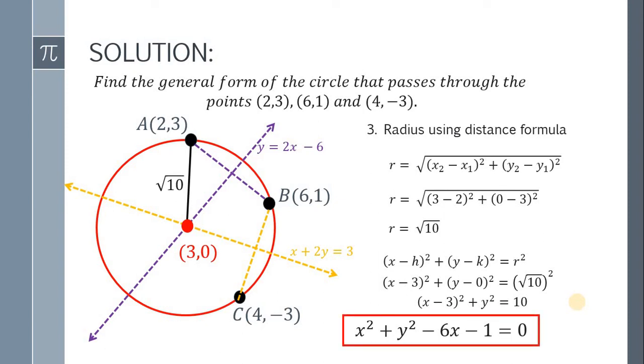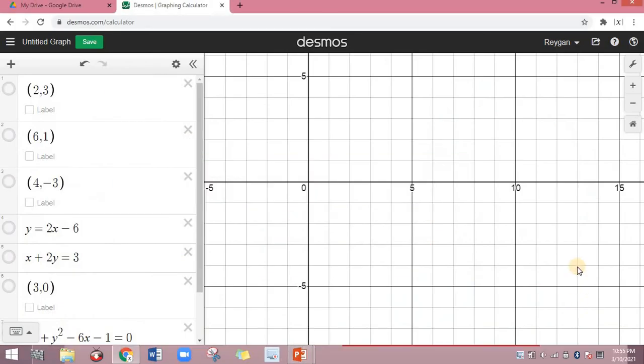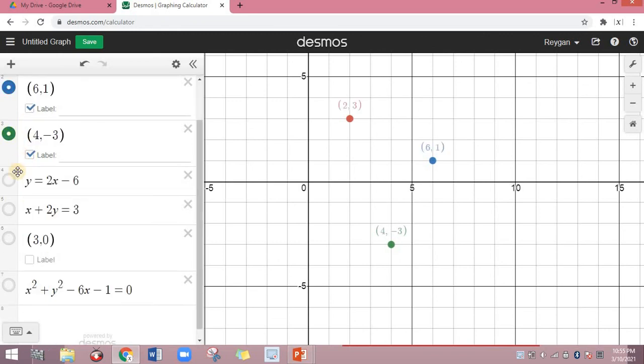Now to double check our answer, we will use Desmos. So let's have the Desmos. Now here are the three given points. We have (2, 3), (6, 1), and (4, -3). Next, the two perpendicular bisectors, we have y = 2x - 6, and the other one is x + 2y = 3.